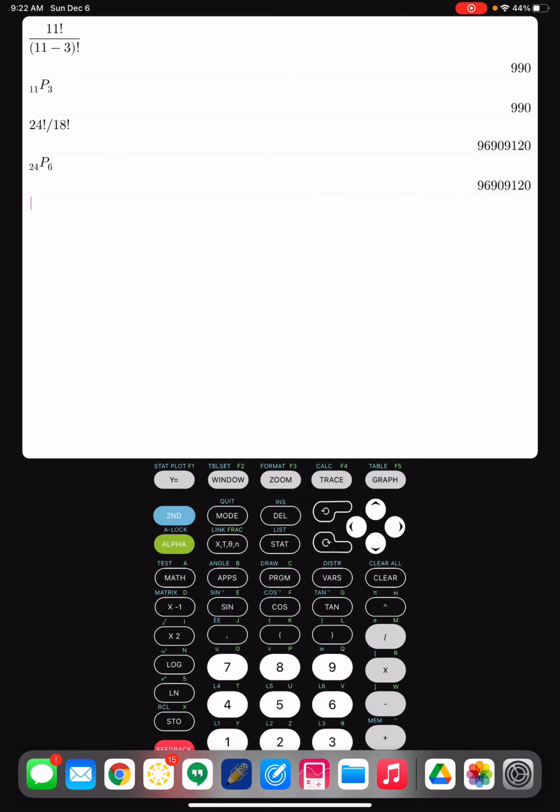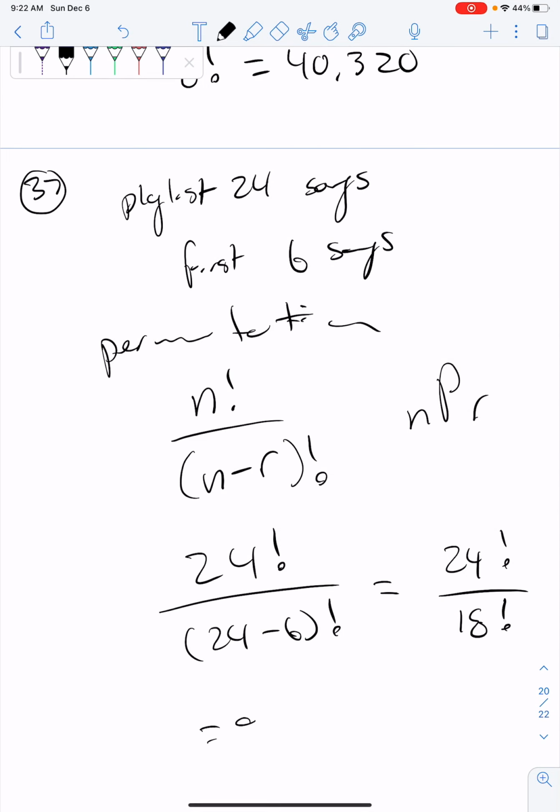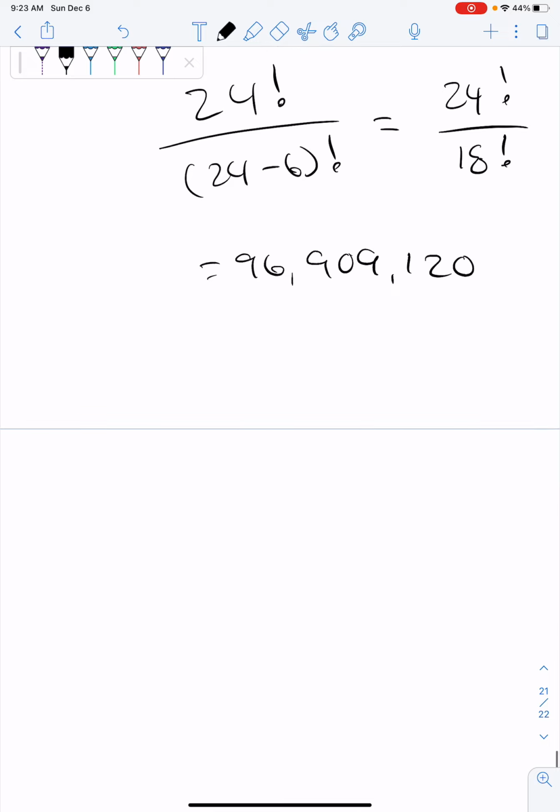Either way, I get the same answer, which is going to be 96,909,120 different ways that you could play the first 6 songs if you were only choosing out of 24. That's insane. 96 million different arrangements. Does that make a DJ's job sound harder? Not really. You're picking songs and you're playing them.